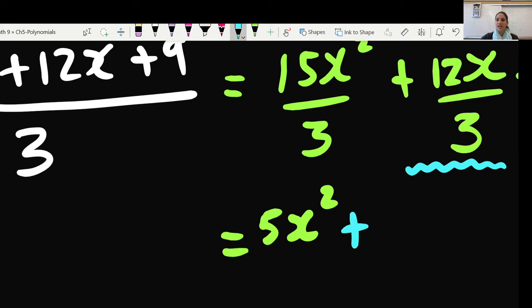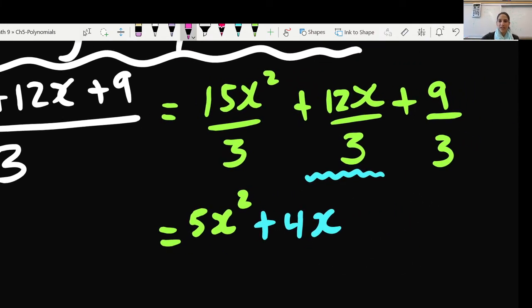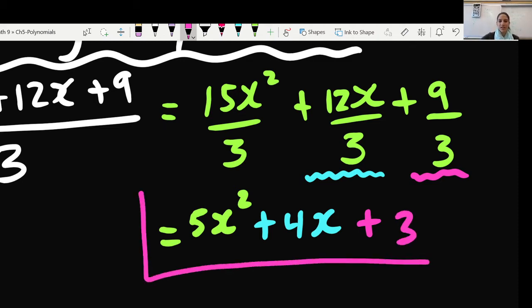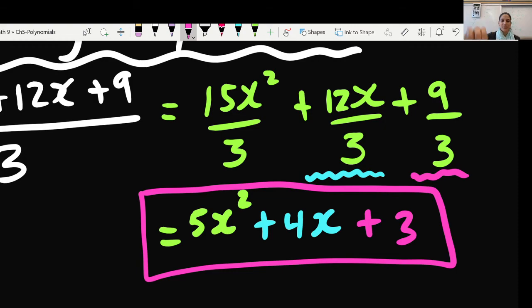For this next thing, 12x divided by 3, well, 12 divided by 3 is 4x. And then I finally bring back the last term, and we already know 9 divided by 3 is simply the number 3. So after going through it, it just simplifies to this.